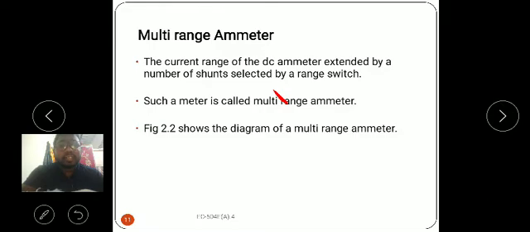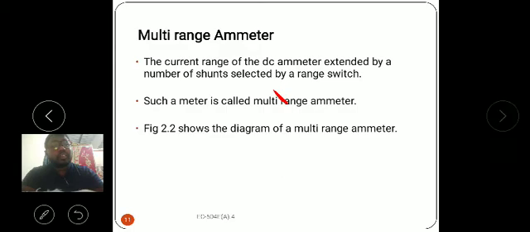Then based on the connected resistance values we get different ranges of the DC ammeter. That means we measure different ranges of values in the DC ammeter. Such a meter is called a multi-range ammeter.